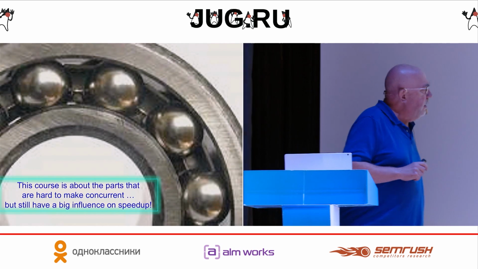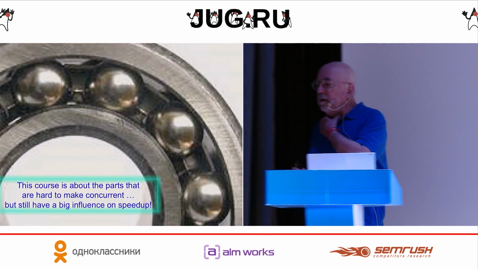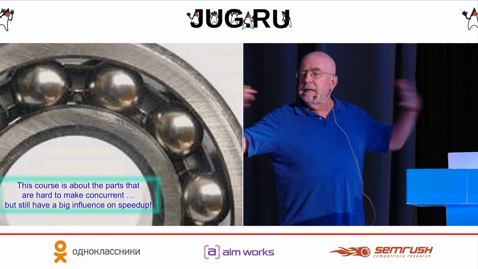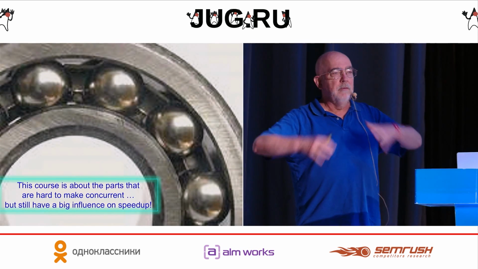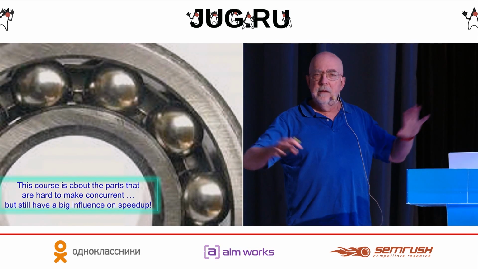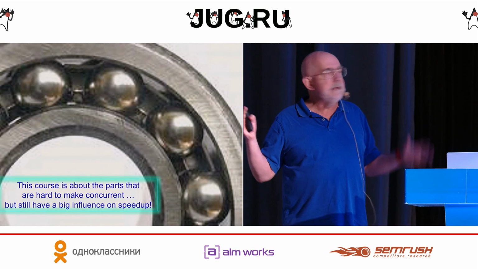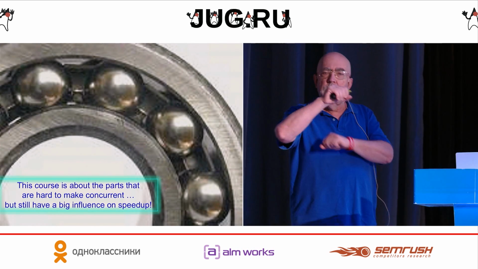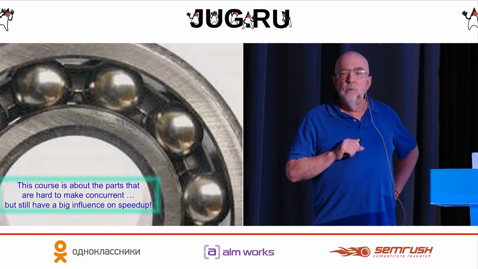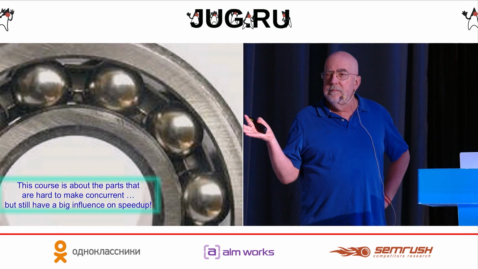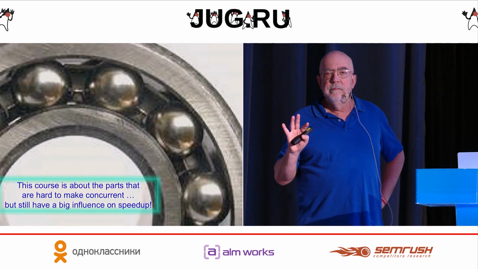So the analogy, sorry, I have a cold. The analogy here is that you can go out and buy an Italian racing bicycle with a graphite frame and hollowed out parts to make it super light and super fast. But if the ball bearings, the parts where the pieces move together, if those aren't any good, then it doesn't matter how good the rest of your bicycle is, because it's not going to go very fast.